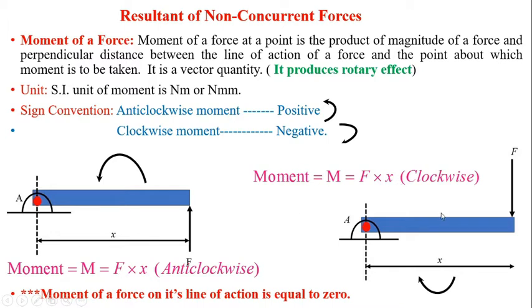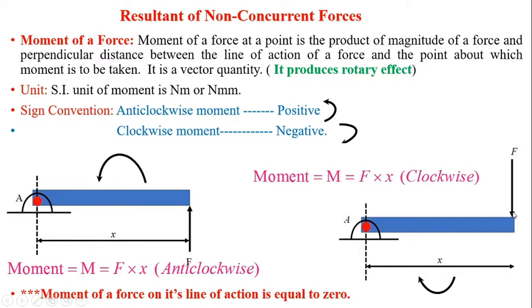In the second figure, the same force is now acting in the downward direction along this line, and again we are taking moment about A. So, the moment about A is equal to force F into the perpendicular distance between point A and the line of action of the force. Again here the distance is x. So, the product of force and perpendicular distance is F into x.